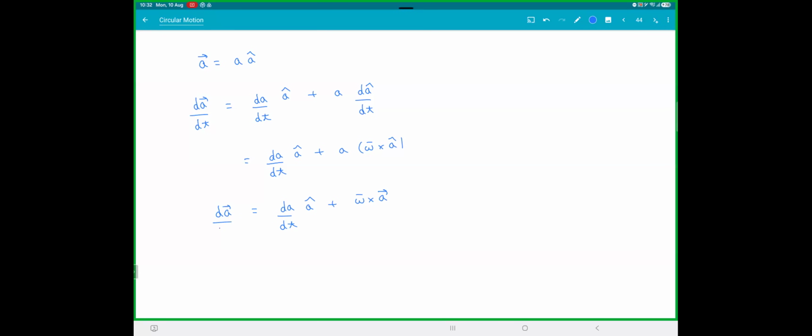So if you differentiate a rotating vector, you get dA by dt a cap plus omega cross a bar. If it is not rotating, this term becomes zero. That means your direction is constant. There, this is a proper vector form. So when you differentiate a vector which is rotating, you're differentiating the magnitude and the direction separately. Is this clear, everyone?